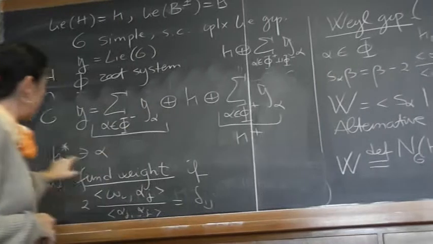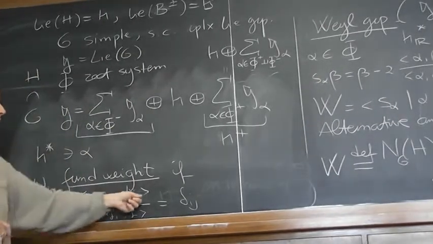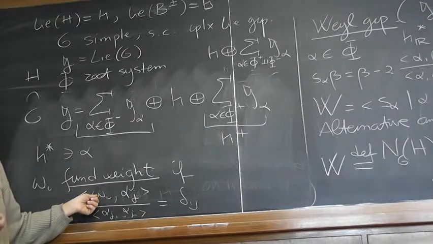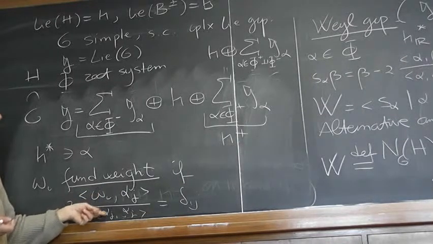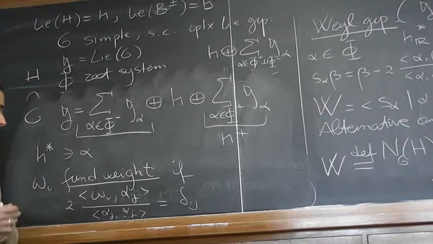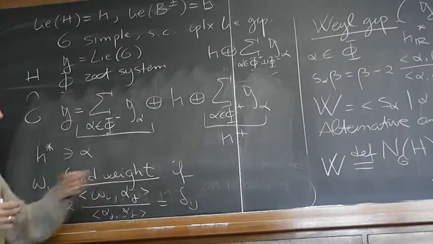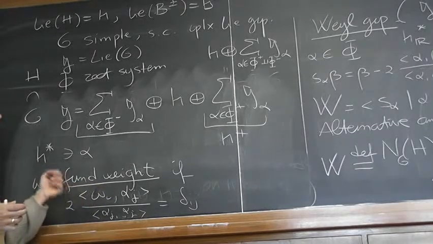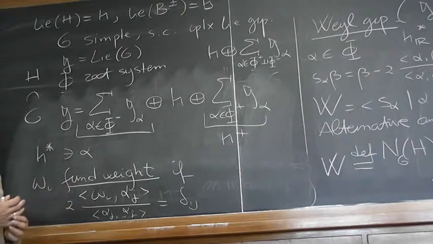You take an element of H star. You can compute the Cartan-Killing form because we know it is extended to the dual. You divide by the length of the root, and this is delta ij. So if you get this element that behaves like this, it's called a fundamental weight. This is just a definition.